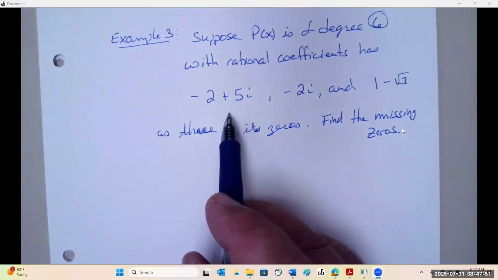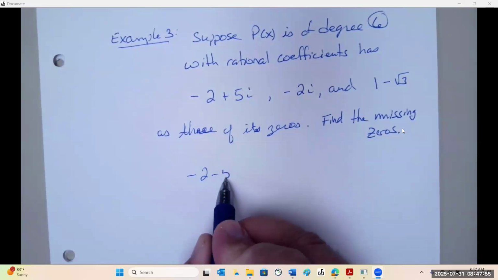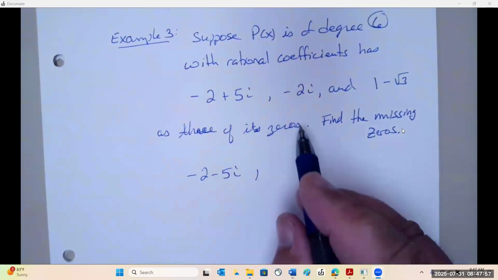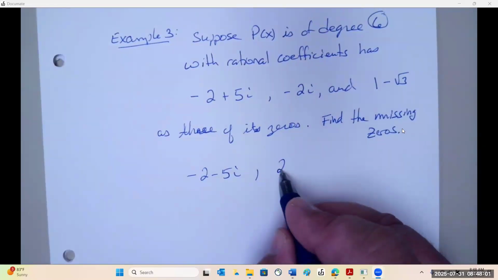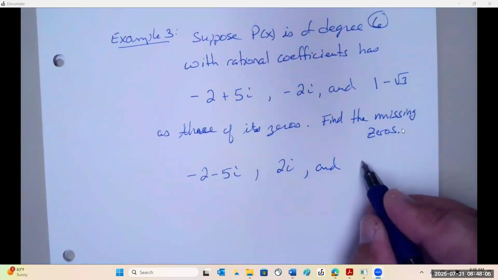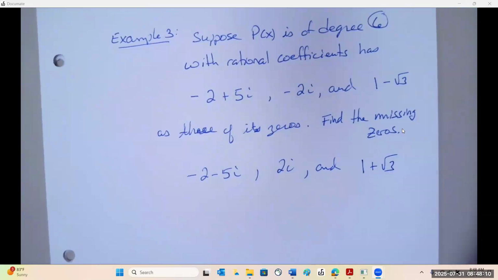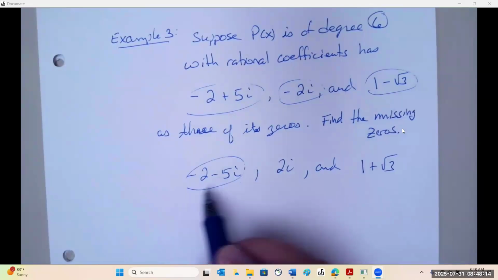What's missing for this one? -2 minus 5i. That's the first one. What's missing for this one? 2i. And the last one? Right. These are my 6 zeros.